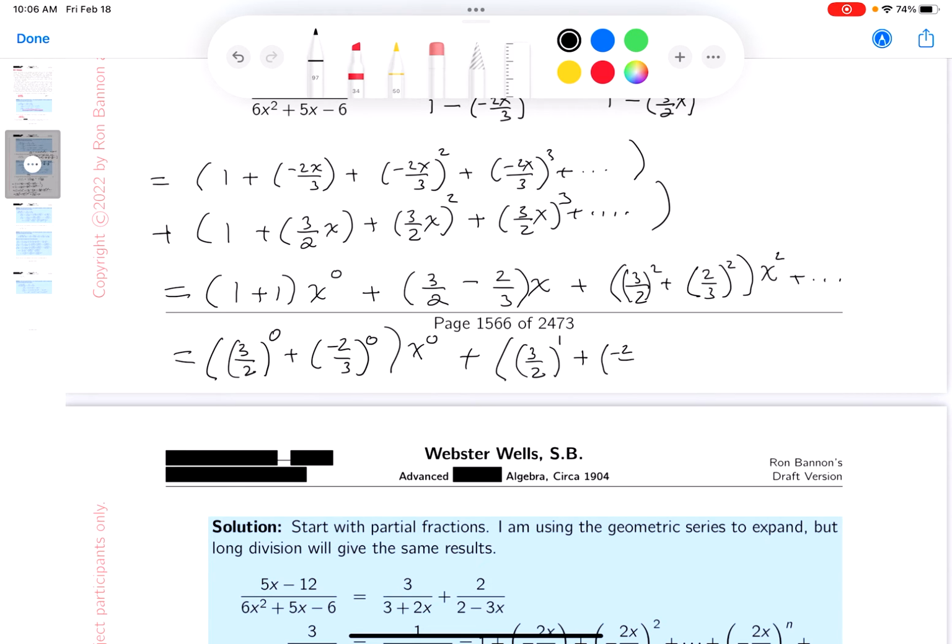I want it to look exactly like the other one, to the first power, x^1. Let's write the next one down. What's it going to be? 3 over 2 squared plus, well, I'm going to write down now minus 2/3 squared x squared. And then it's plus dot, dot, dot.